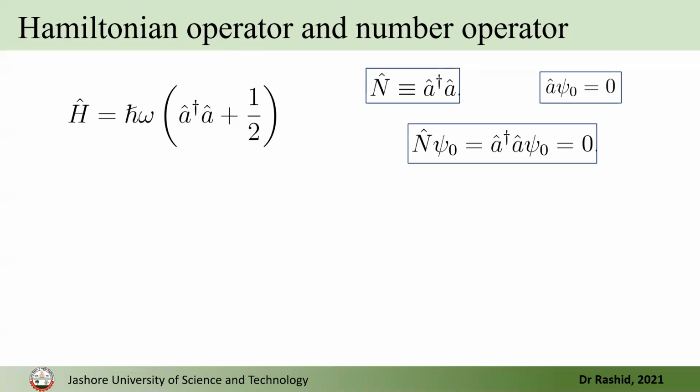It will give 0, because n hat is a hat dagger a hat, but this term is 0. So the result is 0. That is, we can write n hat psi 0 equals 0 multiplied with psi 0. So the eigenvalue of n hat is equal to 0 for the ground state wave function.